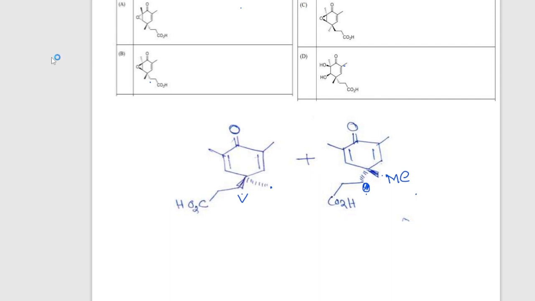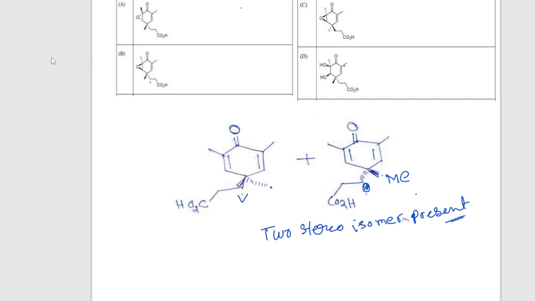So these are the two stereoisomers present. That's why, due to the two stereoisomers, there are two possible products.